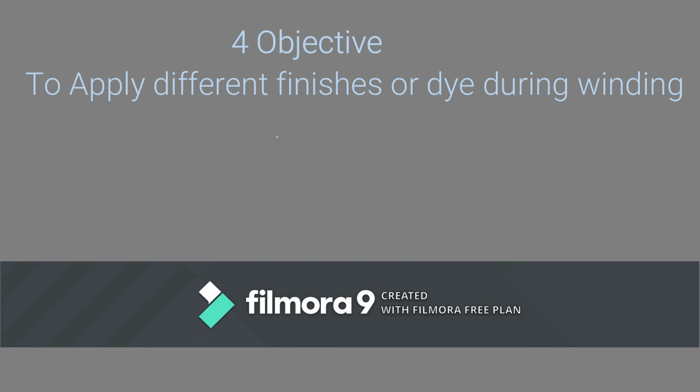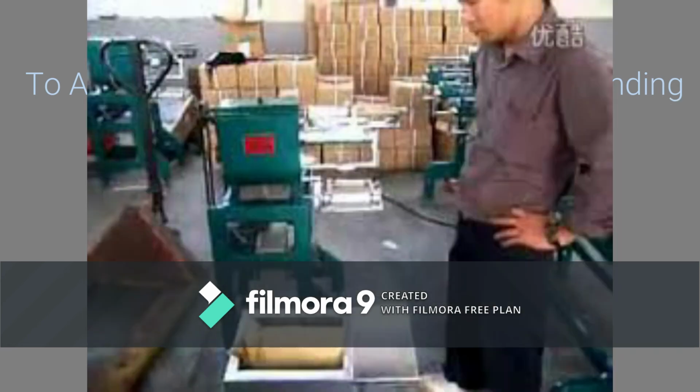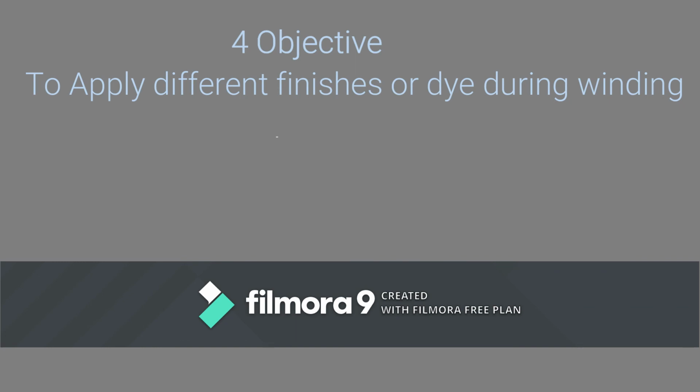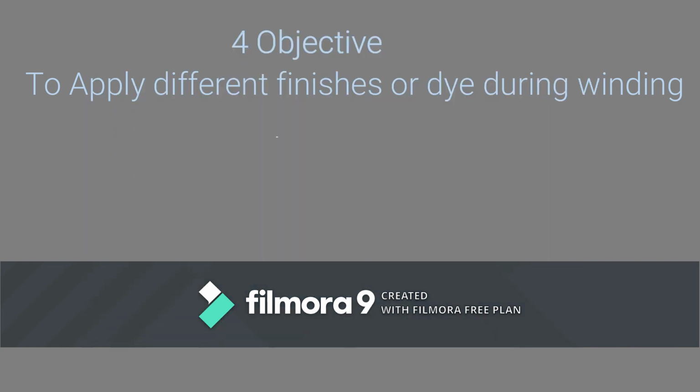Hence, we apply a spin finish to the yarn through a stuffer box or waxing box on the winding machine. In certain cases, this stuffer box is used for single yarn dyeing.